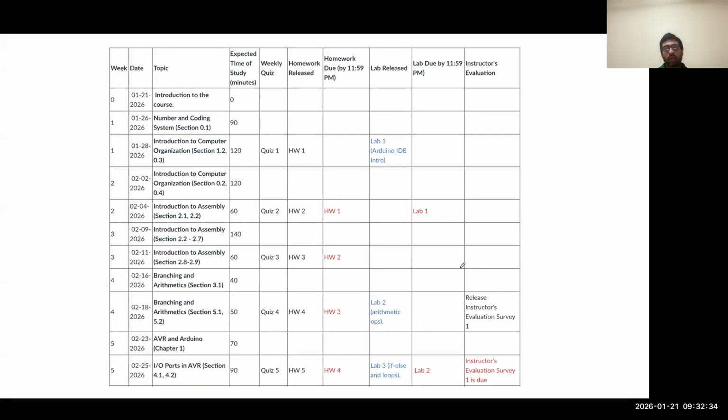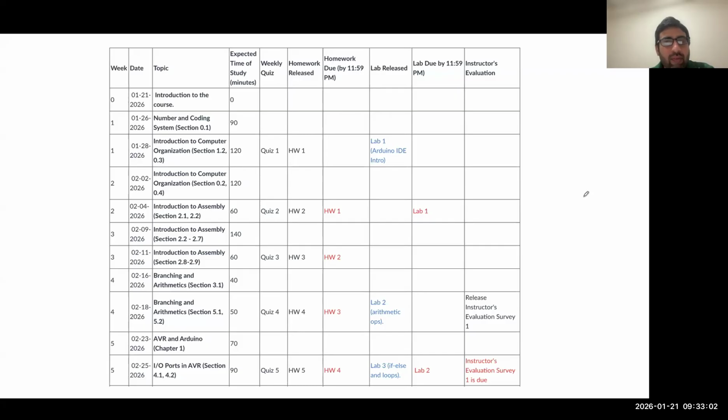Okay, so here we have the tentative schedule of our course. It doesn't make sense to go through each row of the table, but the point is, first, this schedule is available on the syllabus page.